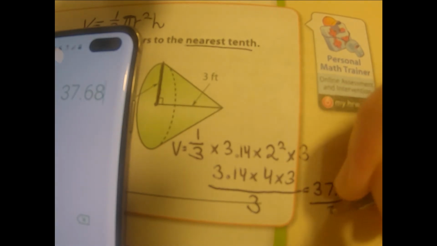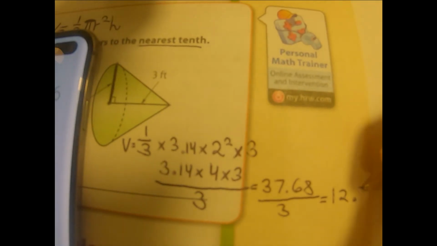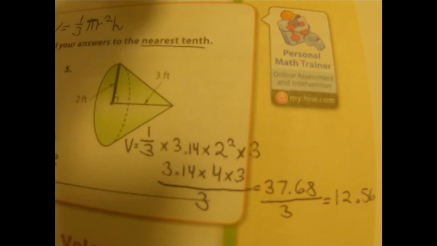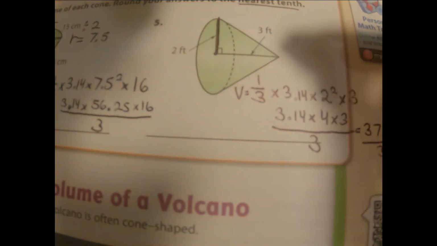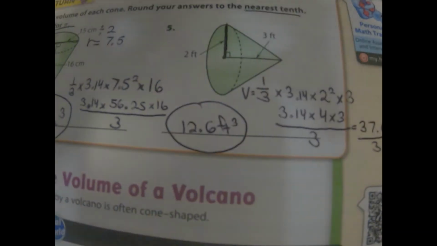And I'm going to divide all of that by 3 to get 12.56, but I want to round to the nearest tenth, so I'm going to go ahead and round up to 12.6 feet cubed, because we're working with volume, right?